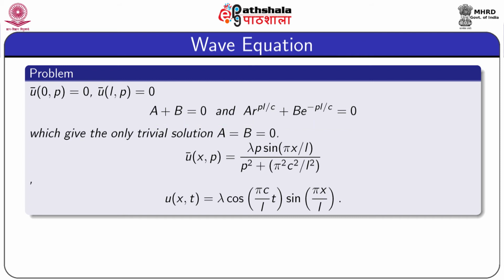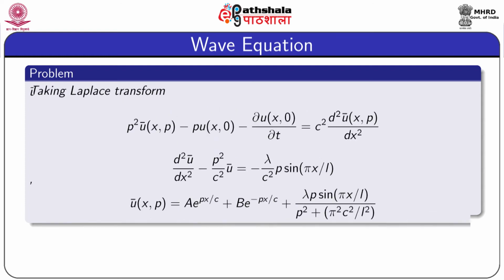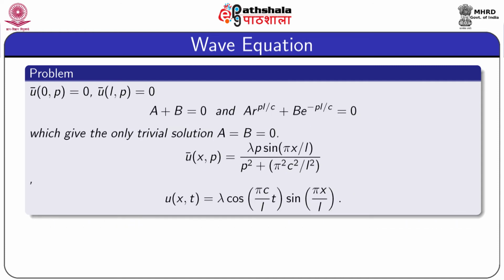Now, if we solve these two equations, that gives the trivial solution A equals 0 and B equals 0.